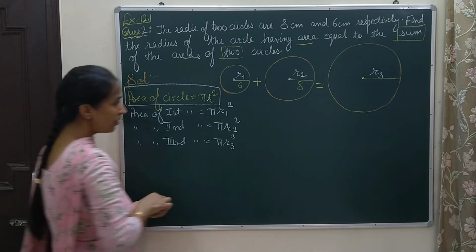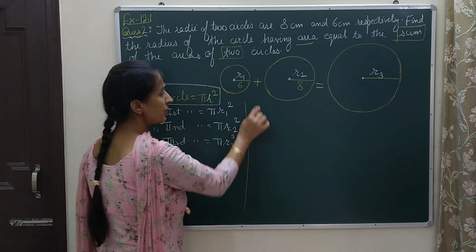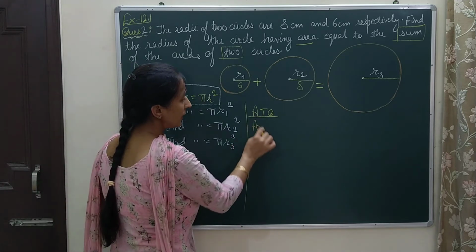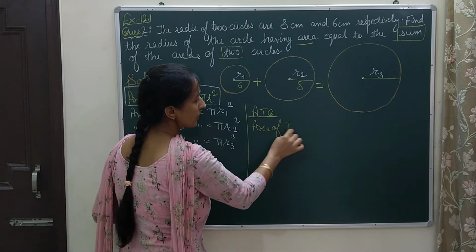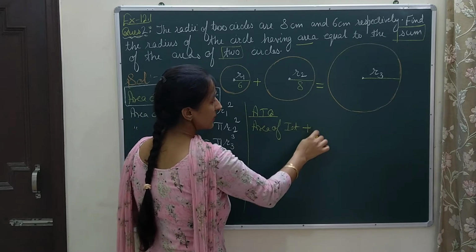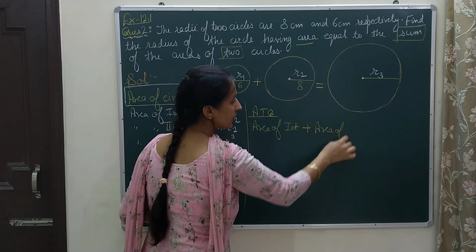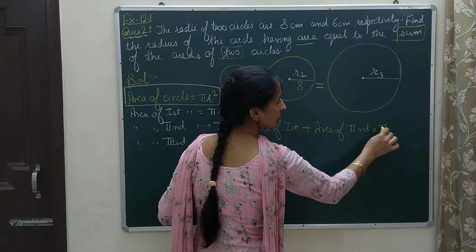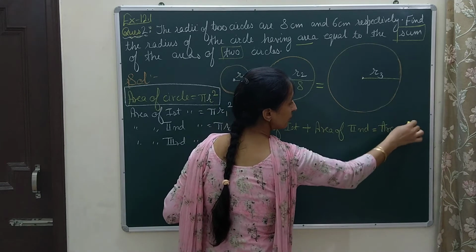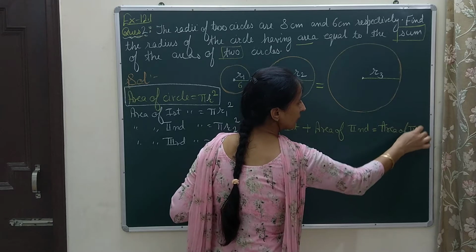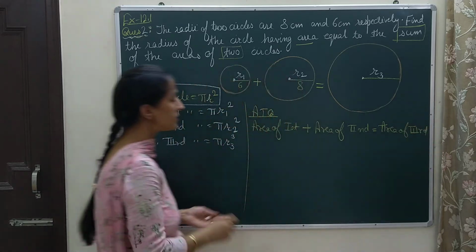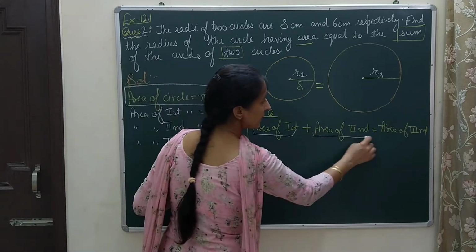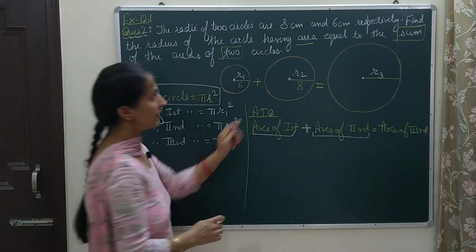Now let us see what is given according to the question. We are given that the area of the first circle plus the area of the second circle is equal to the area of the third circle. That means I am considering the area of the first circle and adding the second circle's area to it.